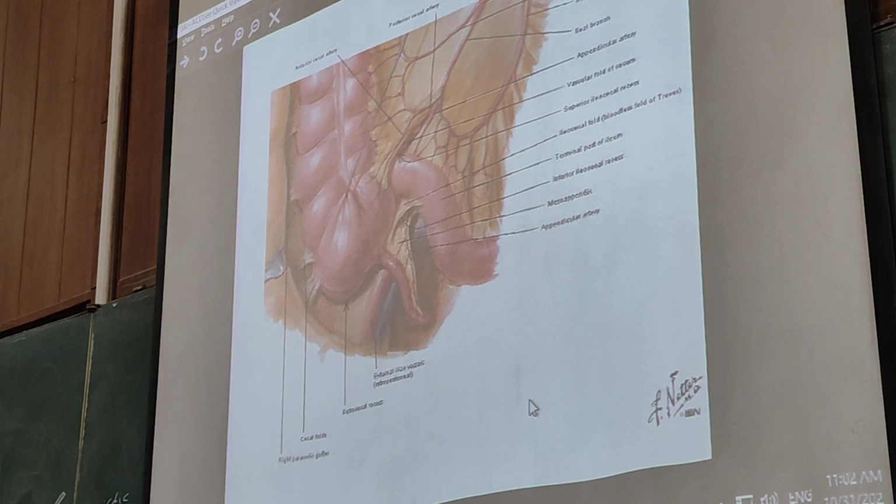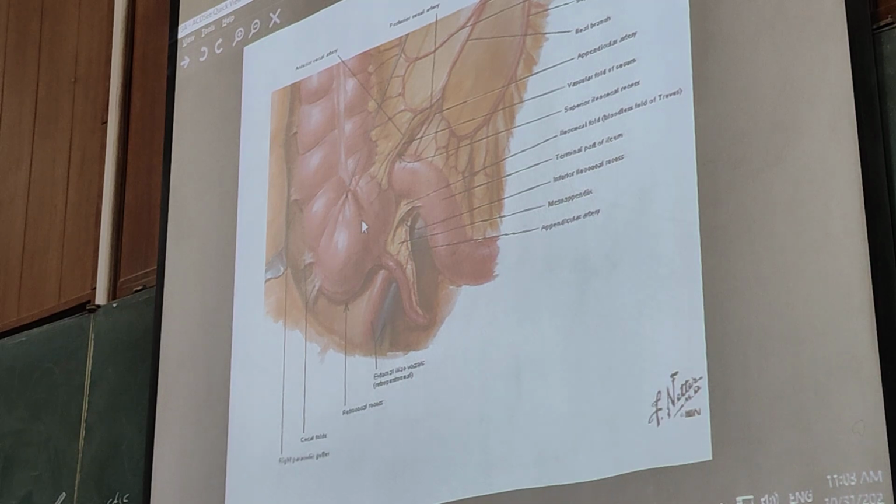How can it be safe? If you make a cut through the appendix, the content is released in the abdominal cavity, and it is dangerous. Yes, I told you before. Any infection here can cause this. So, is it clear? We have two recesses, inferior and superior ileocecal.